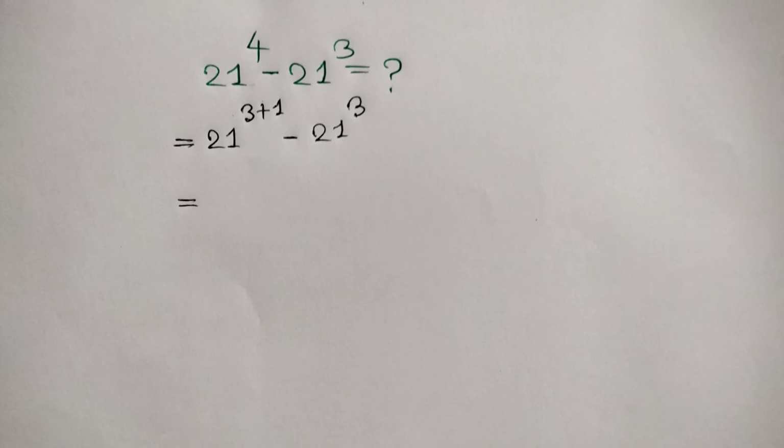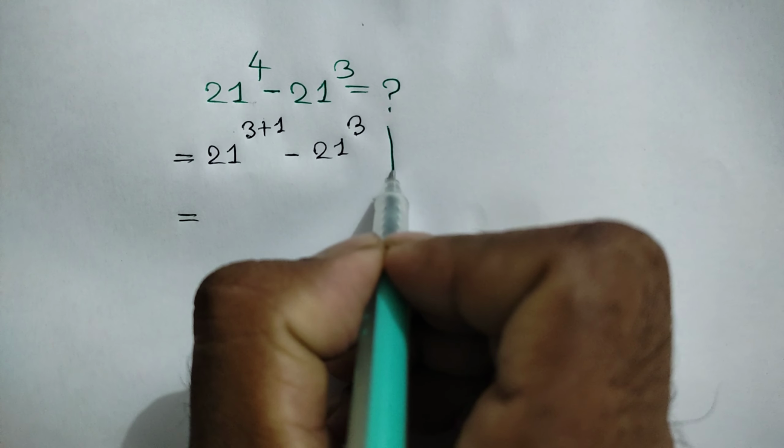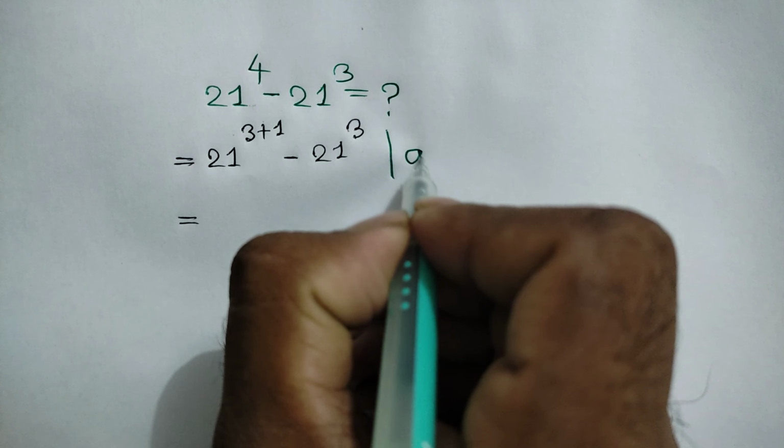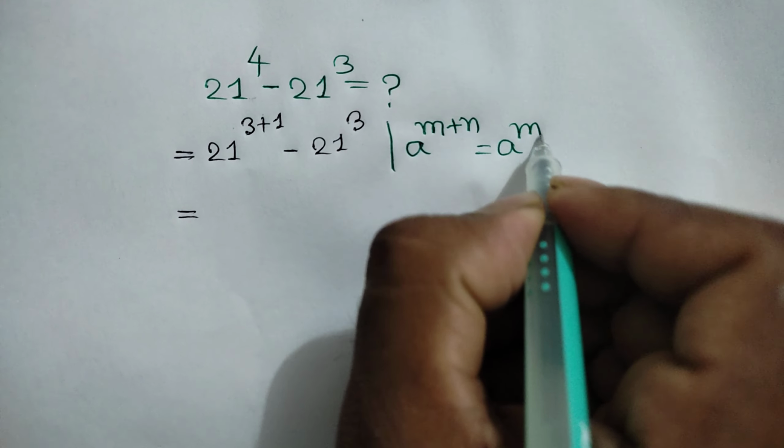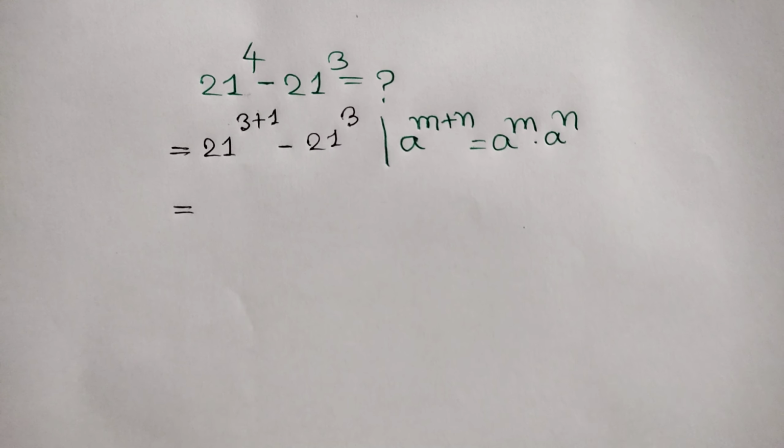Now we know the exponential rule: a to the power m plus n is equal to a to the power m times a to the power n.